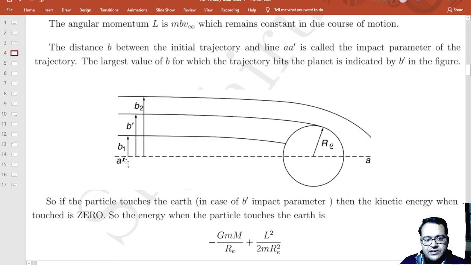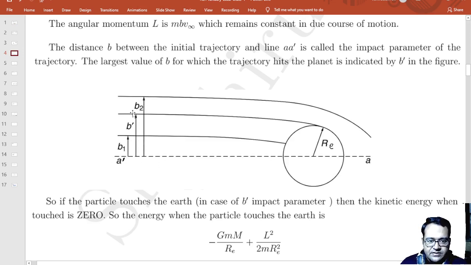So this is a diagram. This is the radius, this is Earth. Here it is a large distance. This is for several impact parameters. If the meteor was on the line joining, it could have hit the Earth directly.